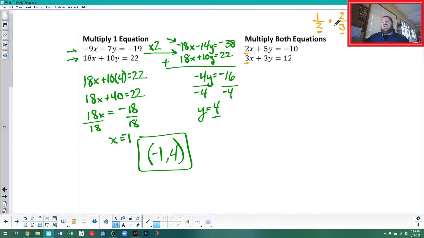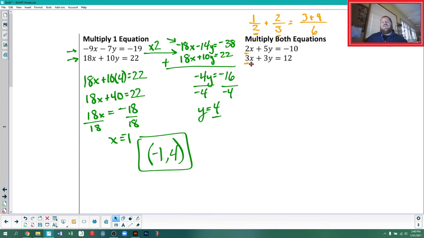So what would the common denominator between 2 and 3 be? Well, it would be 6. To turn 2 into 6, I'd multiply by 3. And to turn 3 into 6, I multiply by 2. So 2 times 2 is 4. That's the process for adding fractions. I guess you can't see that, can you? My face is in the way. So that's the process for adding fractions.